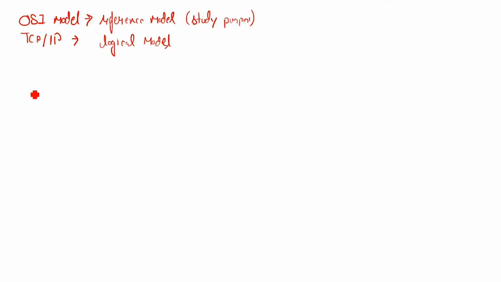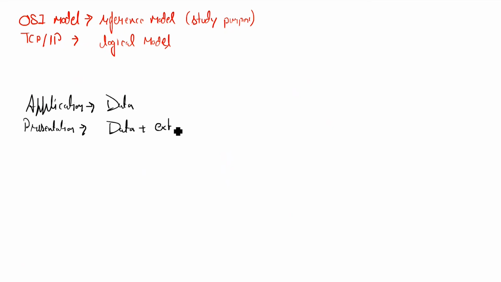See guys, now what happens in all these layers? Let me give you a quick brief. In the application layer, we have the data, whatever data you are sending. Then we have the presentation layer, where we have the data plus extension codes, like whatever data you are sending will have its own extension codes.